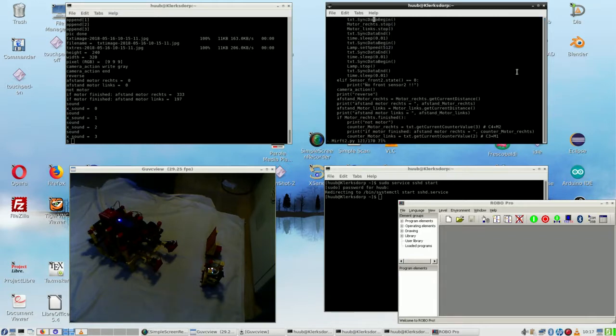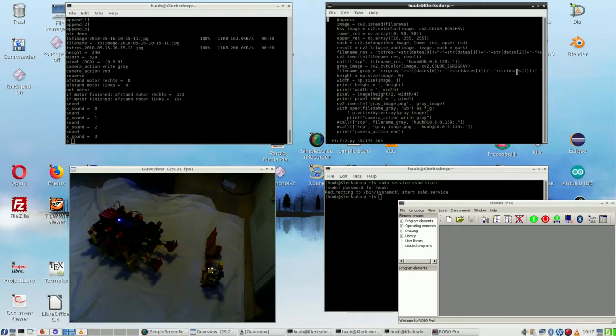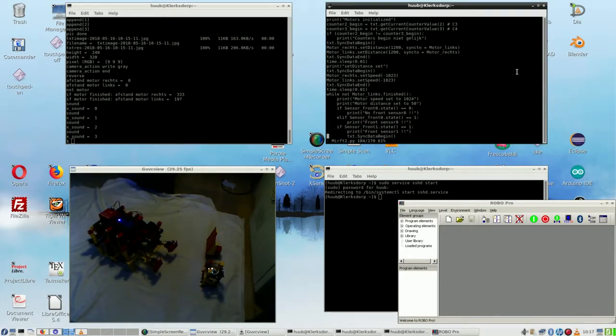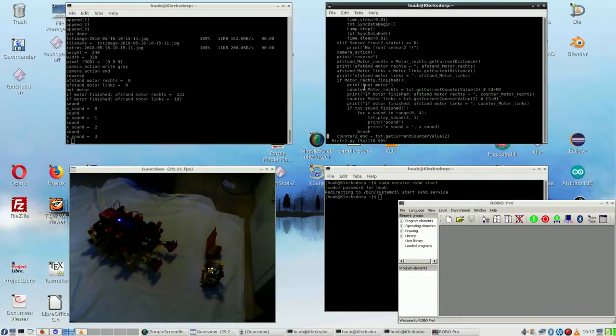And if I go back here, that's way too far. I set the distance of 1200. And this only happens when the 1200 is fulfilled, or in this case when the distance is fulfilled.